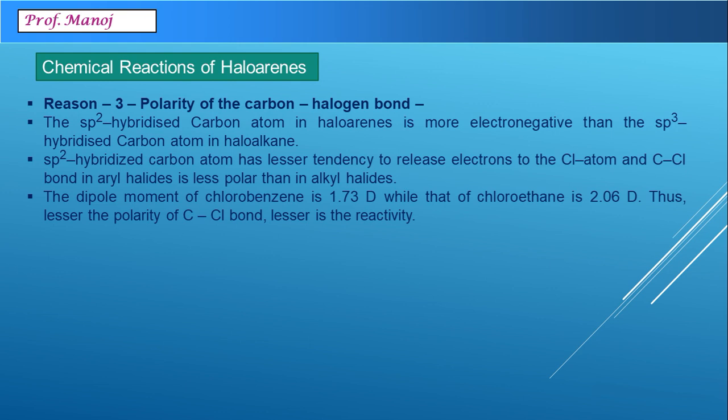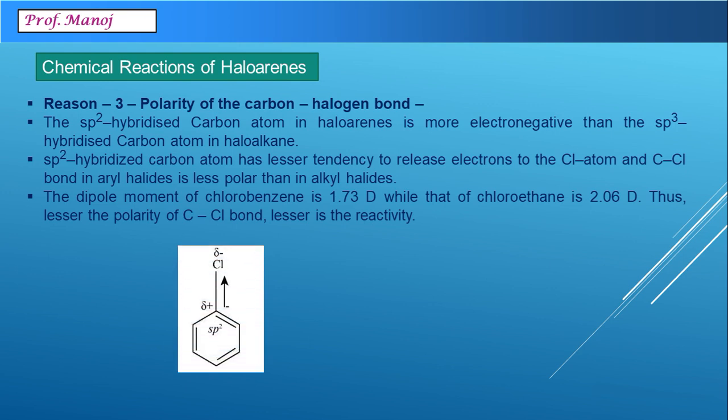To actually give you the values, chlorobenzene's dipole moment is 1.73 and chloroethane's dipole moment is 2.06. The lesser polarity makes it less reactive. You can see here the polarity is towards the chlorine side and here also it is. But due to the difference in hybridization, polarity difference takes place.